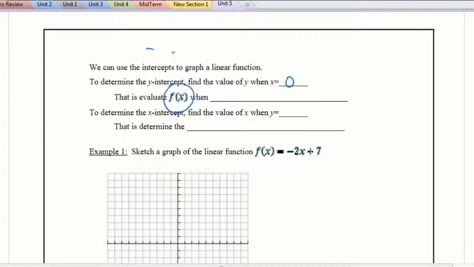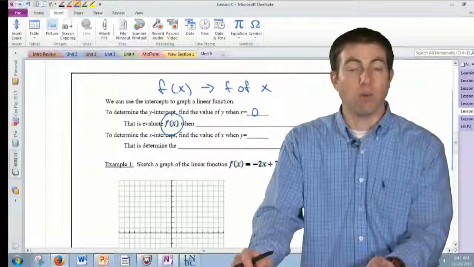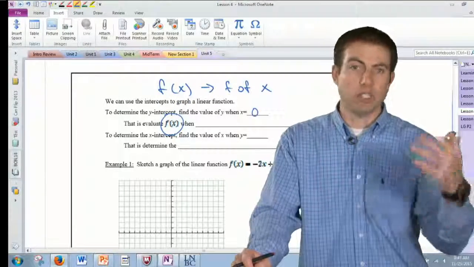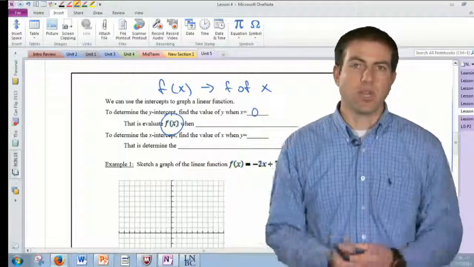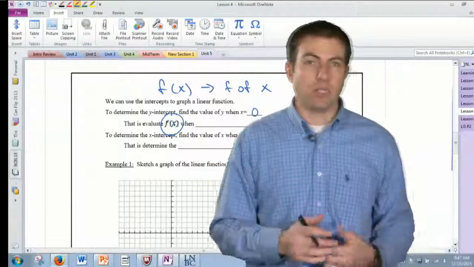We read f bracket x as f of x. F stands for function, yeah. And we don't always use f for functions. If we're dealing with more than one equation at one time, we could have f and g and h, and those are just the more common ones. But it can be anything, really. It could be t.